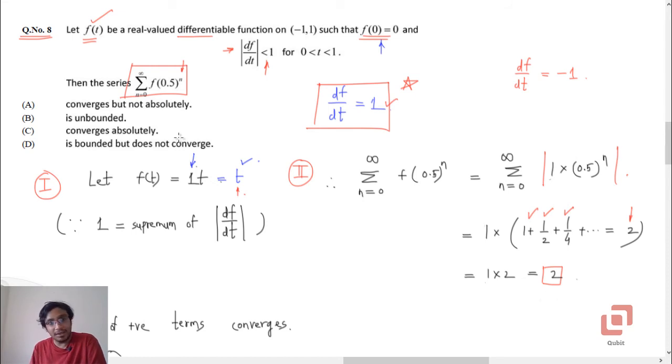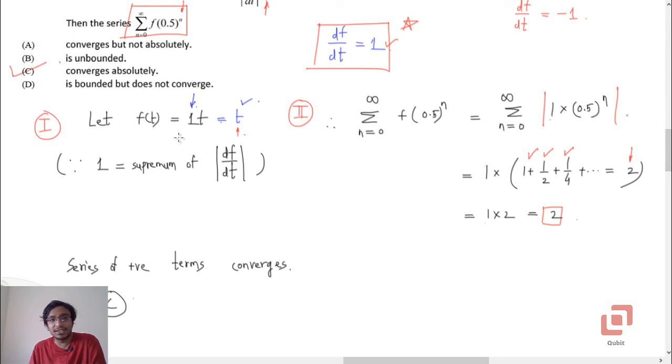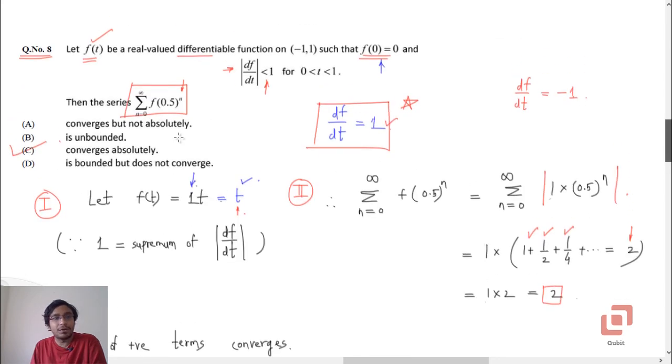Yes. So even if some of the terms are negative, it is okay, the sum is converging, but more importantly it is converging absolutely, and therefore we will select option C. If you know the tests for convergence of series which have both positive and negative terms, if it converges absolutely, it has to converge conditionally. Okay, so option C for question 8.